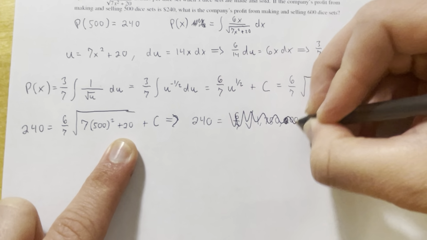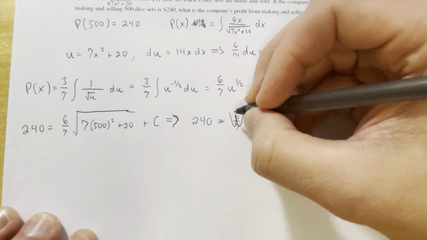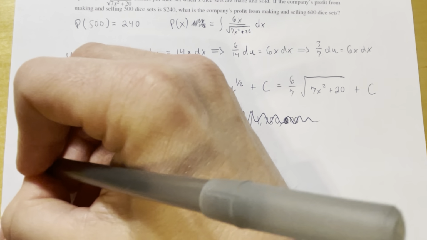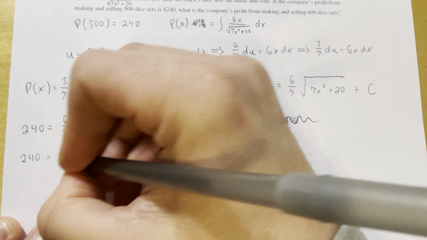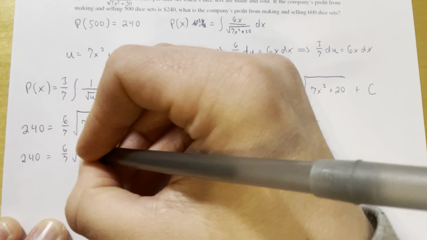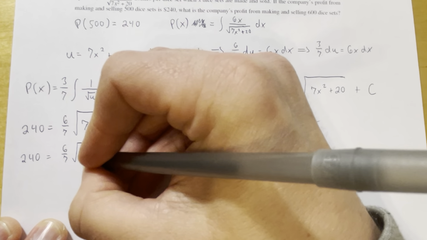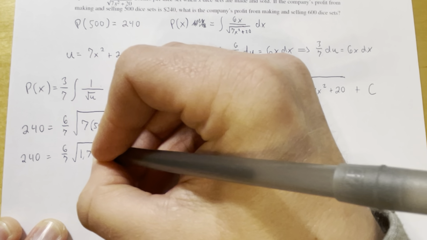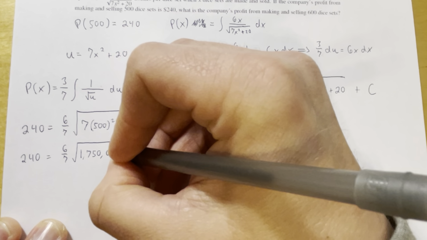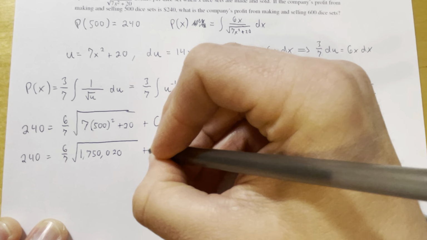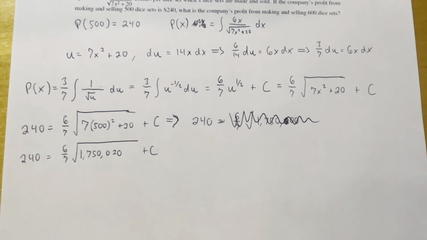Okay, let's do this. This is one reason why it's a good idea to use pencil instead of pen. 240 equals 6/7 times the square root of, we said, 1,750,020 plus c. Okay, so here's what I'm going to say, because I have an answer for this problem, but I'm missing my value of c.